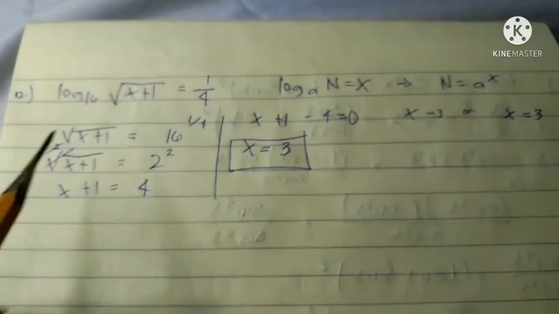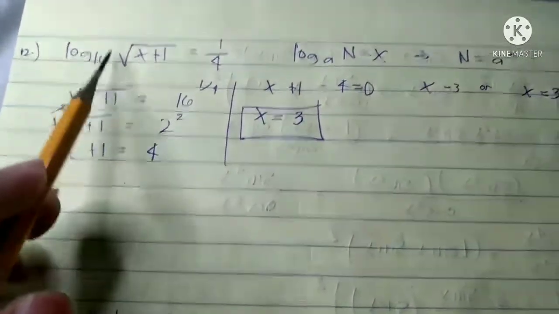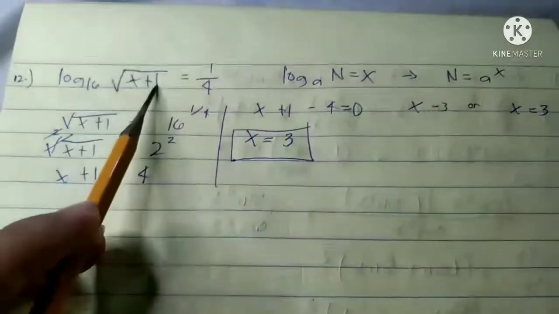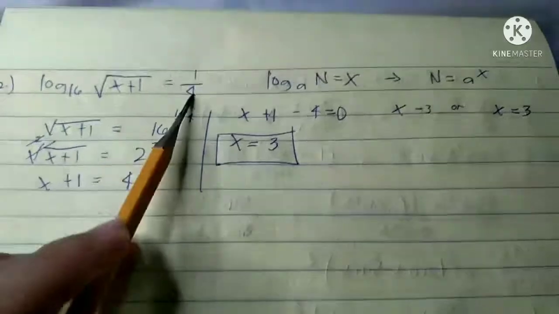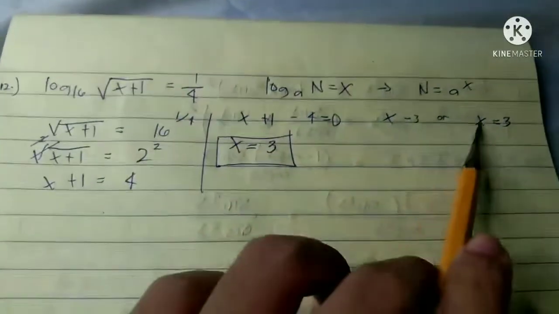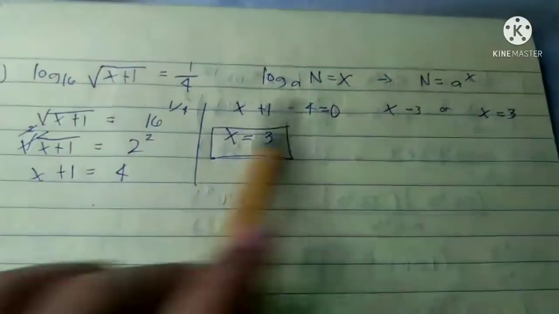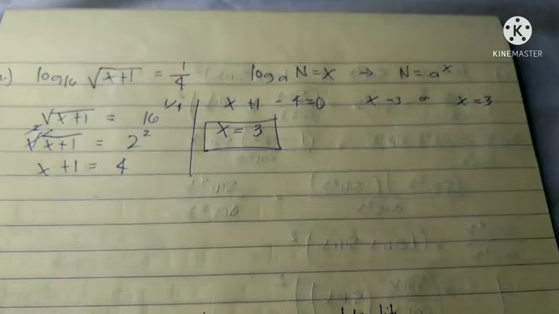So lastly, for our number 12, we have here log base 16 of square root of x plus 1 equals 1/4. So we use again this equation to put our problem in exponential form.